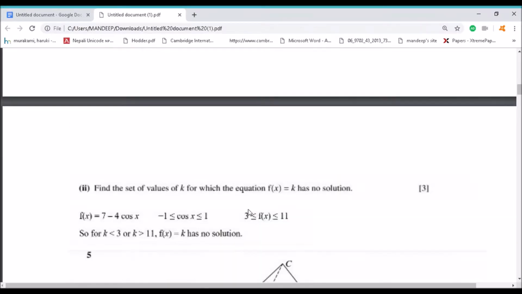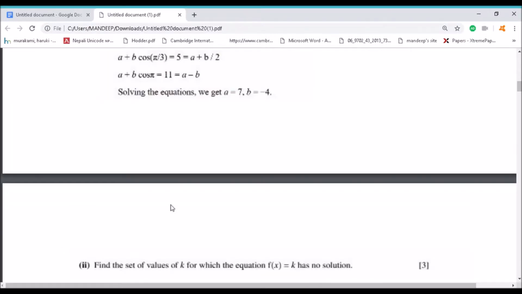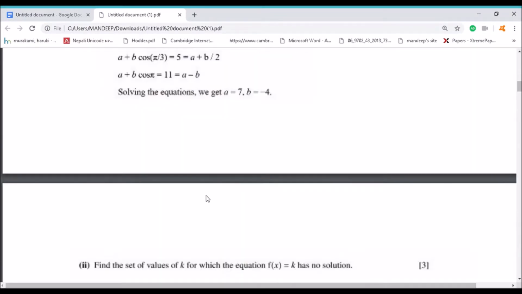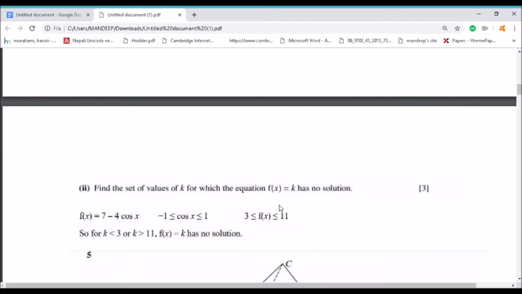Let's move on to the second part. Find the set of values of k for which the equation f(x) equals k has no solution. So we have f(x) equals 7 minus 4 cos x. So we found the values. Now the range of cos x is minus 1 to 1.